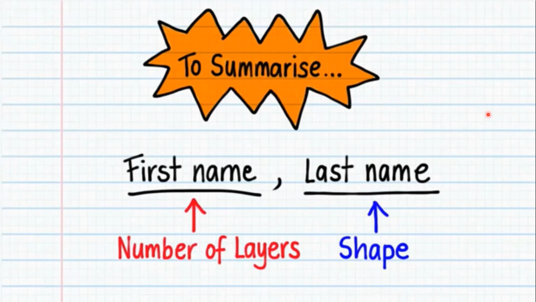To summarize, the two names that make up the epithelial tissue's name consist of the number of layers as the first name and the shape as the second name.